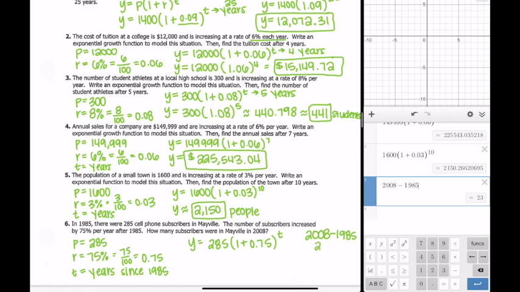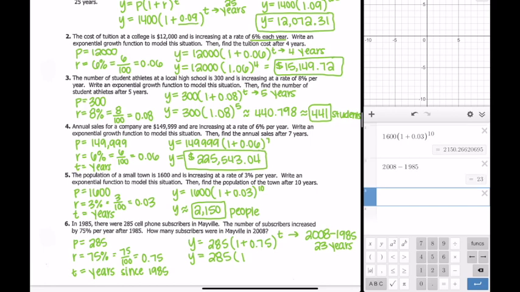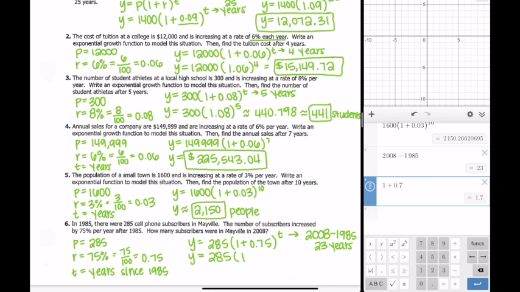So that's 23 years. So we're looking for Y equals 285 times 1 plus 0.75 raised to the power 23.